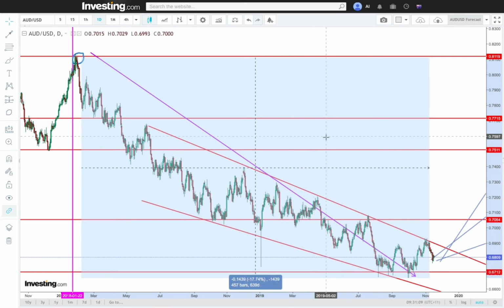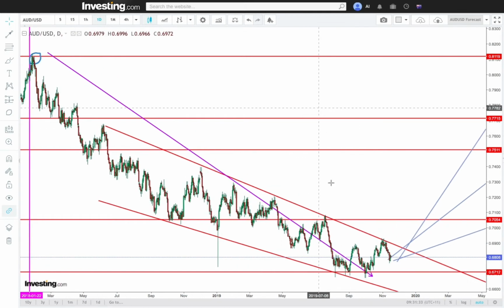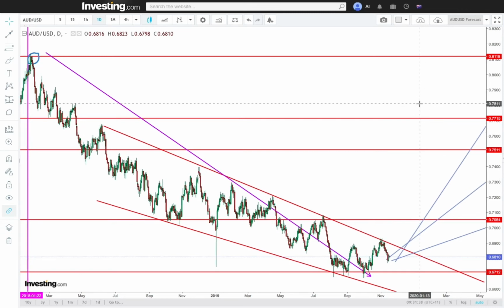The Australian dollar went down 1440 pips since January 2018, almost 2 years. That's brutal for any currency, and that happens all the time. Now I am saying this market will go up about 800 pips in the long term, if not more.